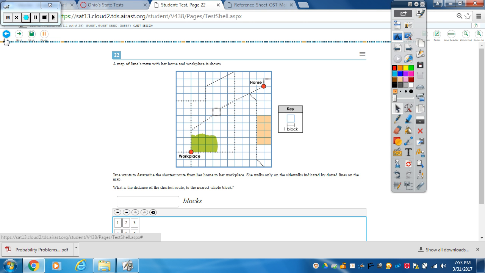Okay. Jane wants to determine the shortest route from her home to her workplace. I am just rereading this, making sure I've got this down. Okay.